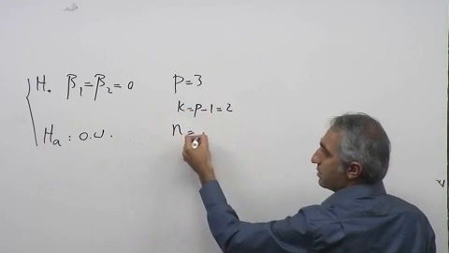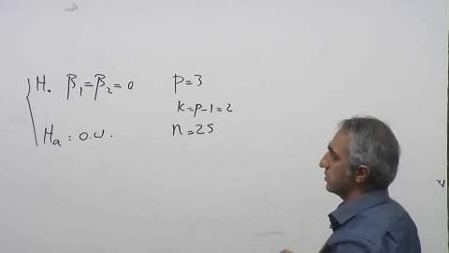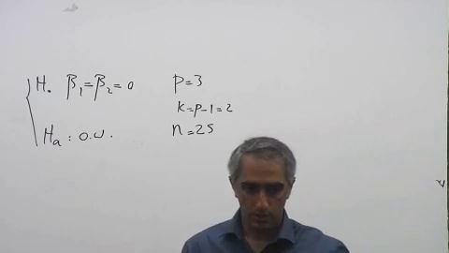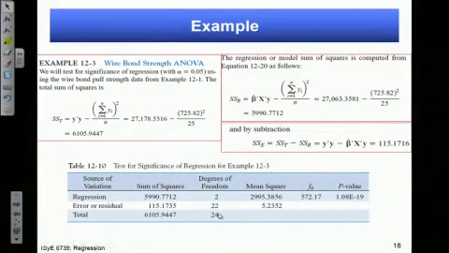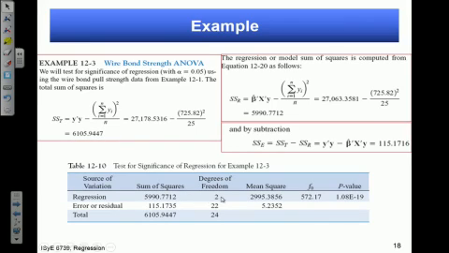And your N, I think, is 25. So therefore, your degrees of freedom, this is K, which is 2. This is N minus 1, 25 minus 1, 24. And this one is N minus P, which is 25 minus 3, 22. So mean square, this guy divided by degrees of freedom, and this guy divided by degrees of freedom.